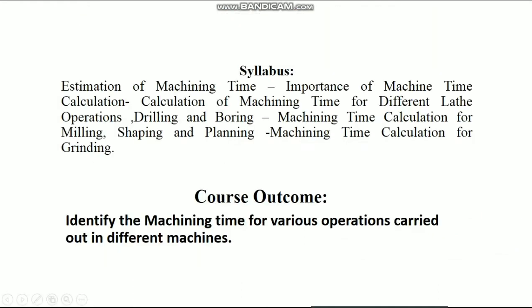So our syllabus: estimation of machining time, importance of machining time calculation, calculation of machining time for different lathe operations, drilling, boring, machining time calculation for milling, shaping, and planning, machining time calculation for grinding. So when the students study this course, they are able to identify the machining time for various operations carried out in different machines.